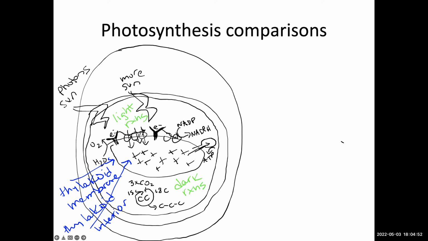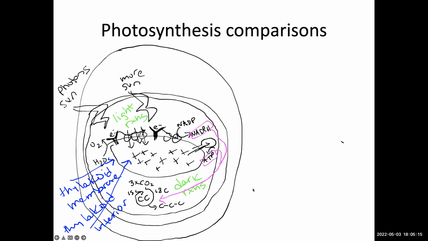And so we get 3 carbon dioxides plus all this ATP plus the electrons from NADPH put through a rather complex cycle to create a 3-carbon sugar, 2 of which get stuck together to make 6-carbon glucose. Here's the thylakoid membrane. Here's the interior of the thylakoid. Here is the stroma where the Calvin cycle is happening.